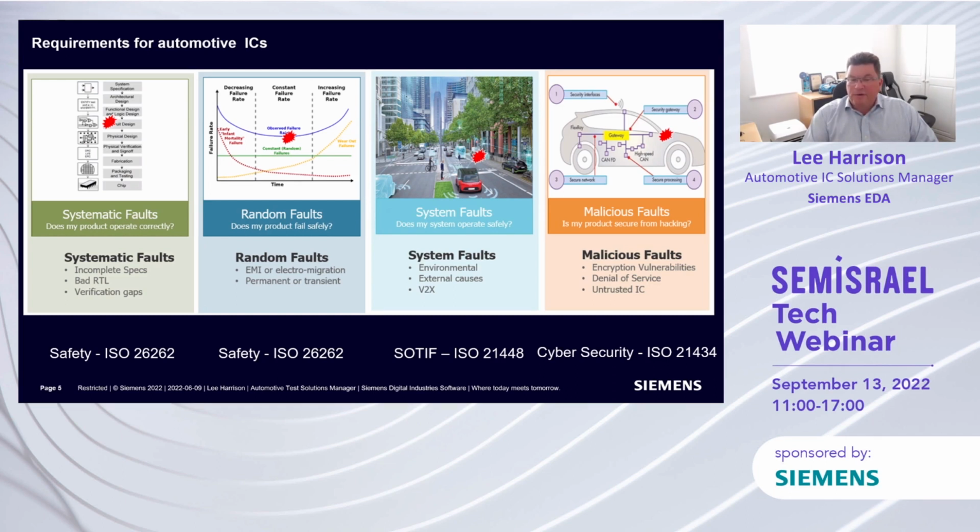So that's all focused around the vulnerability to cyber attacks. But as I said, the rest of this session really focuses on random faults. How do we detect them, and how do we mitigate against them?